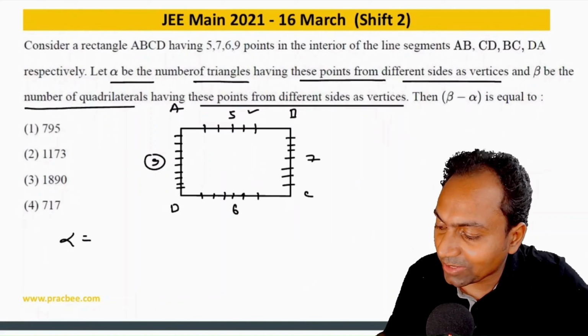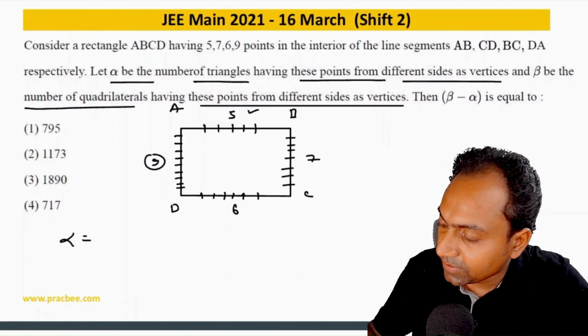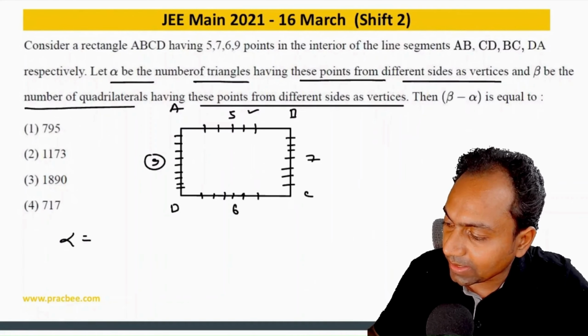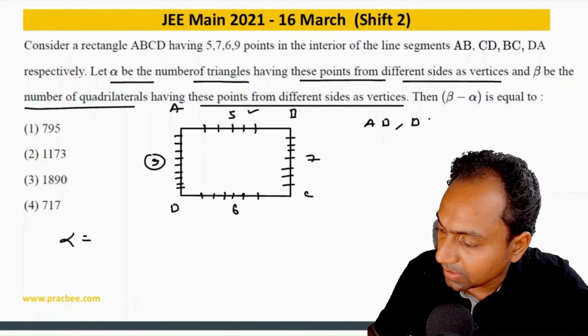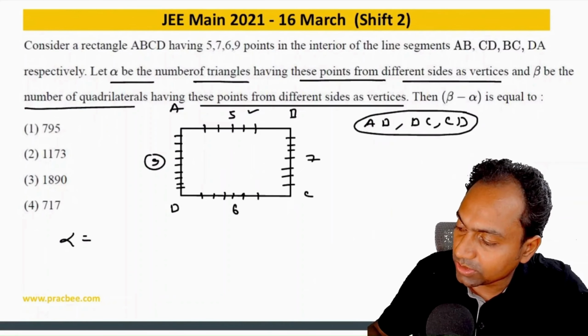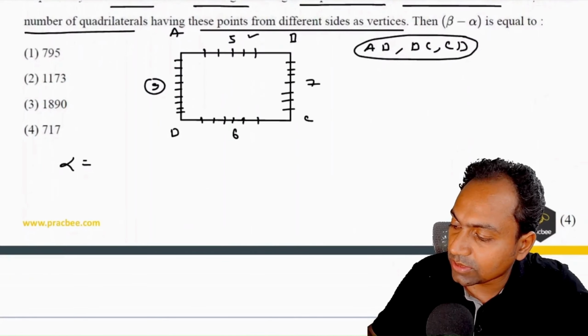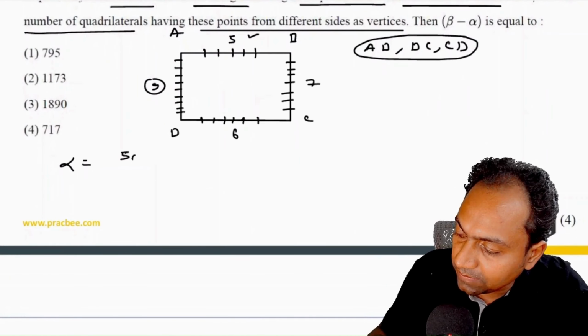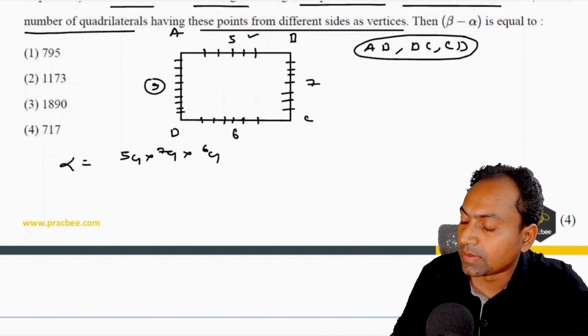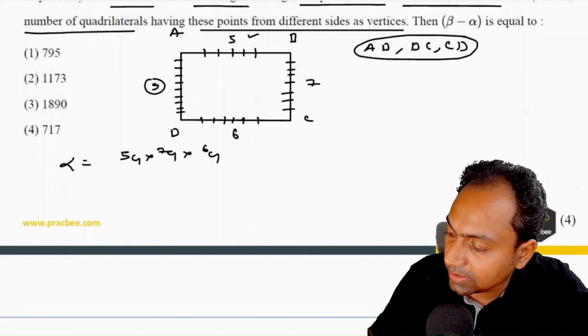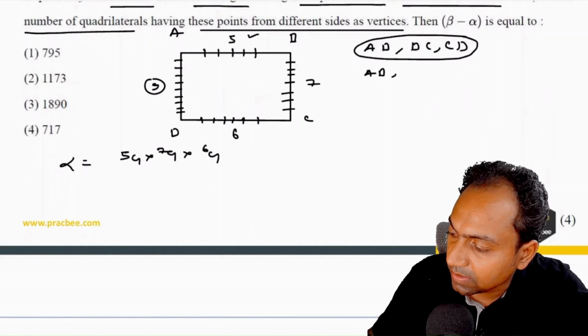Now in order to calculate alpha, we need to first consider the cases. One type of triangle we can find by taking AB, BC and CD respectively as sides from which we are choosing vertices. If I do this, my answer corresponding to this comes out to be 5C1 into 7C1 into 6C1. Then I can take AB, BC, but instead of CD, I am taking AD.